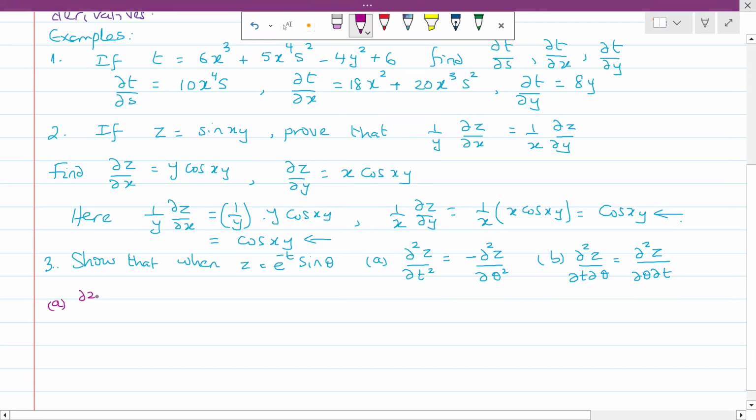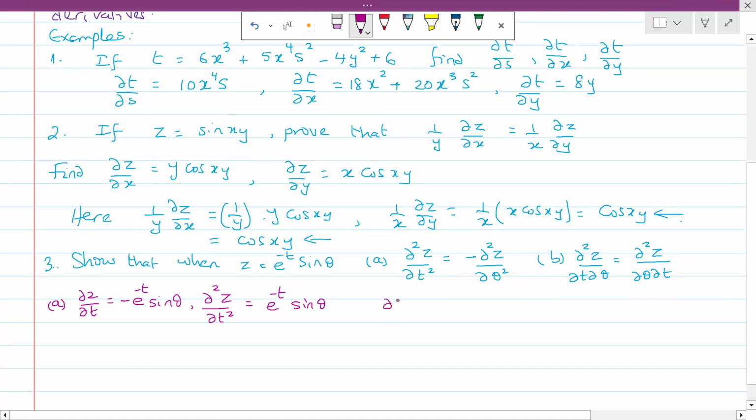So for part A, we have to find partial z partial t. First of all, this makes sine theta constant, therefore this is going to be equal to this. Now, second derivative, I am going to further partially differentiate this with respect to t. So I differentiate it once again. So this becomes simply z, because this is what I'm getting in the beginning, the second partial derivative.